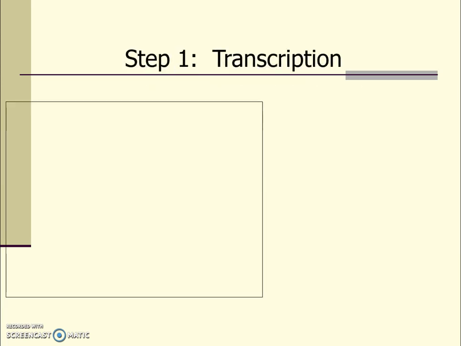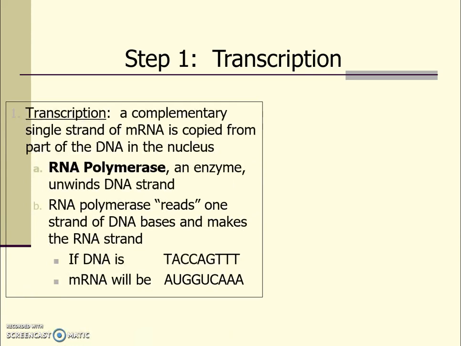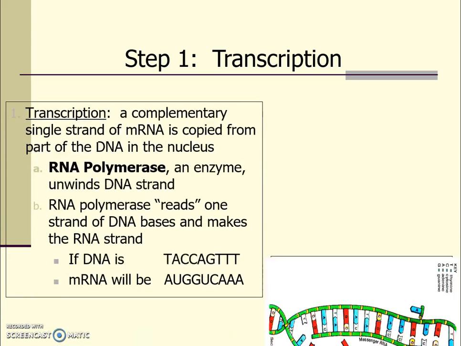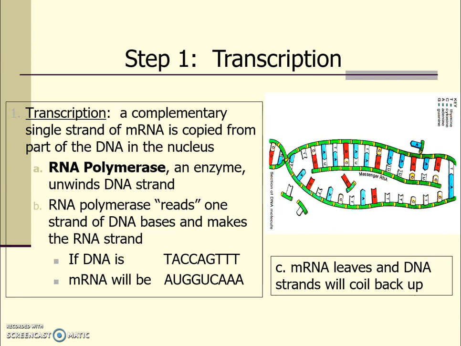So let's look at the steps of transcription. The first thing is DNA helicase will break the helix, and 1 strand of DNA will get transcribed. And this strand starts with the 3 nucleotides TAC.